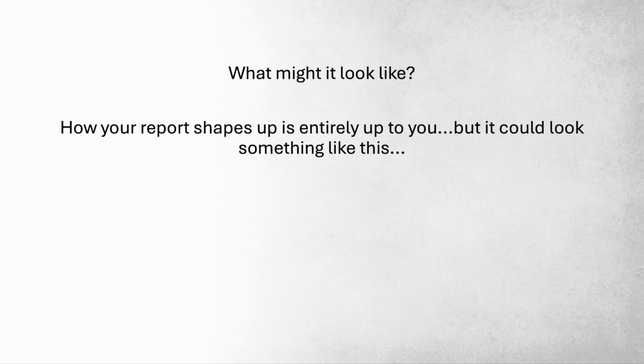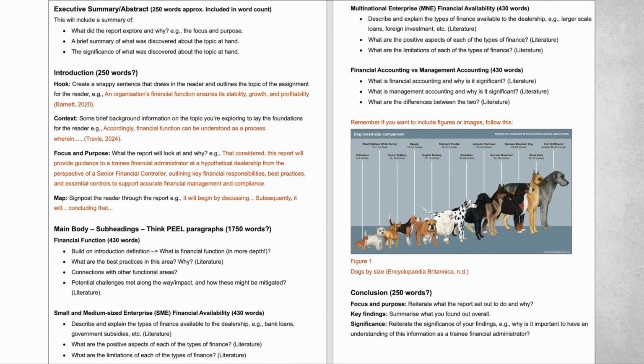You are the specialist. Here we go, beginning with an executive summary. 250 words approximately included in the word count, and this will include a summary of what the report explored and why, as in the focus and purpose, a brief summary of what was discovered about the topic at hand, and the significance of what was discovered about the topic at hand.